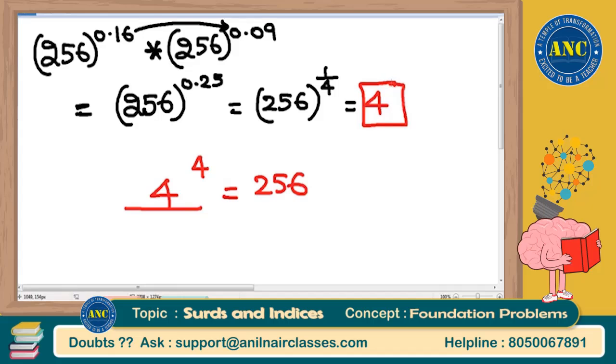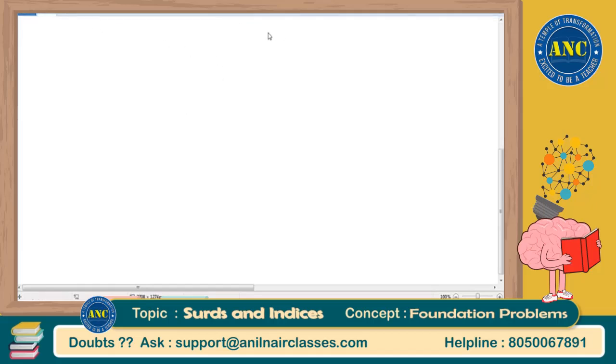I hope you are able to understand the logic behind using surds and indices, the laws of indices especially. Suppose I take 0.01024 whole to the power of 1 by 5.